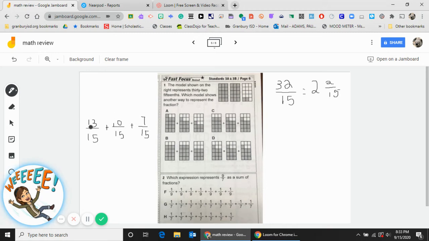And I could put these two together and get 23 real fast because I just add 10 to 13, 23. But when I add my 7 onto that, I don't get 32. Put my over 15 here. I only get 30. So A can't work. Get rid of that one.